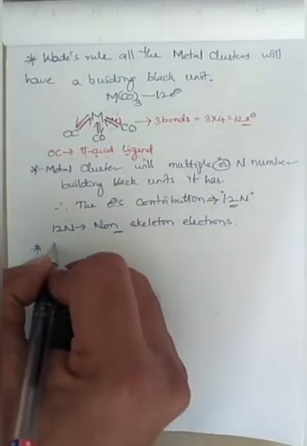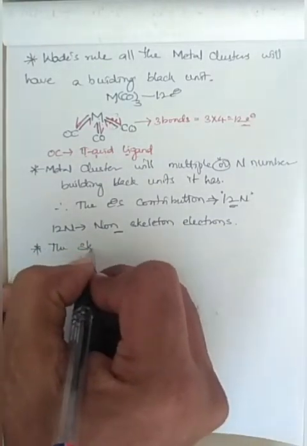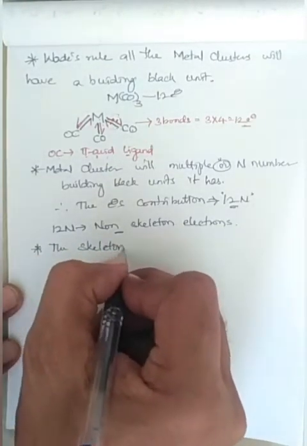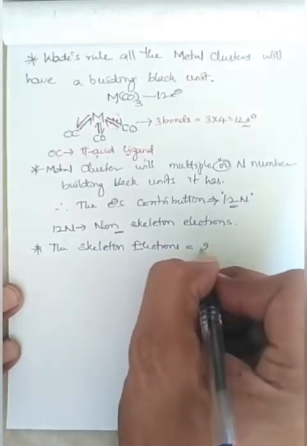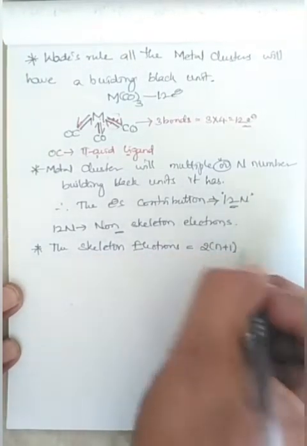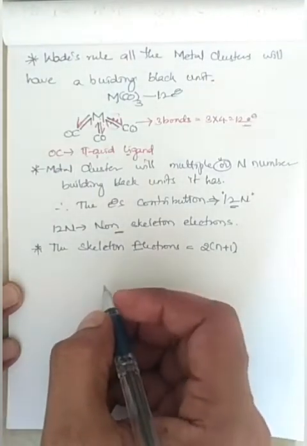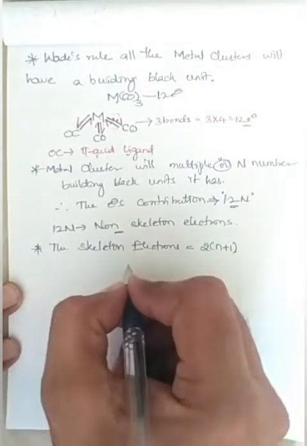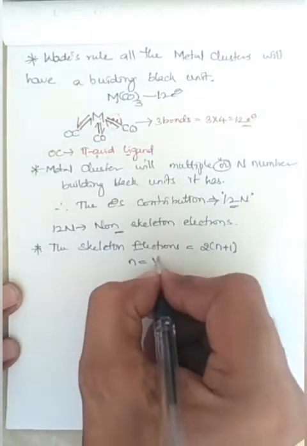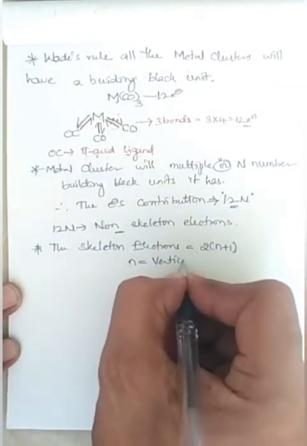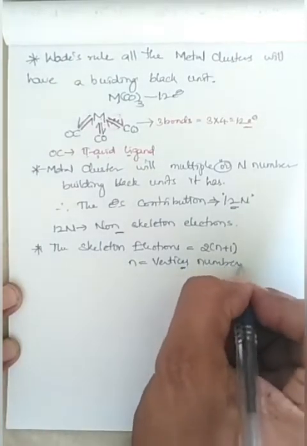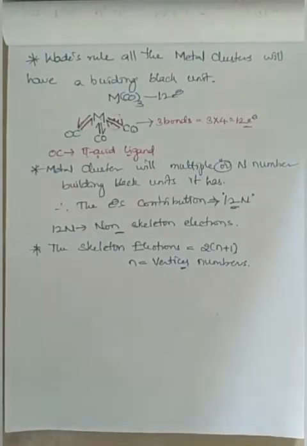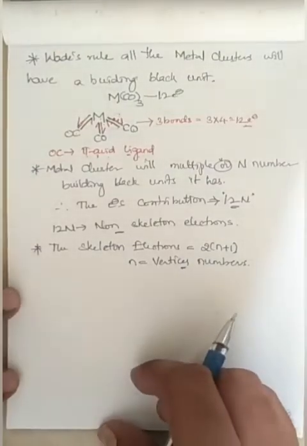Whereas the skeletal electrons are counted as 2 into n plus 1, that is 2(n+1), where n is equal to the number of vertices, right? So that is the skeleton.